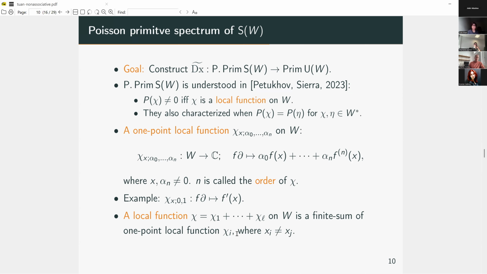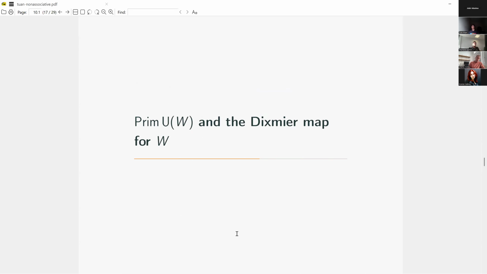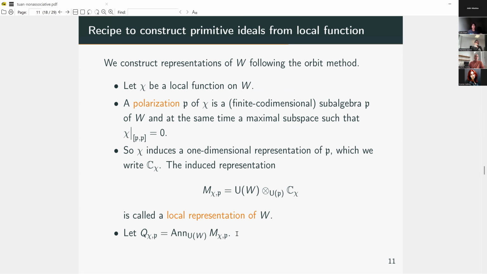Cool. So with that, we are now equipped to define a subset of the primitive spectrum of U(W) and understand the strong Dixmier map for W. First I'm going to tell you how to construct a primitive ideal from a local function.